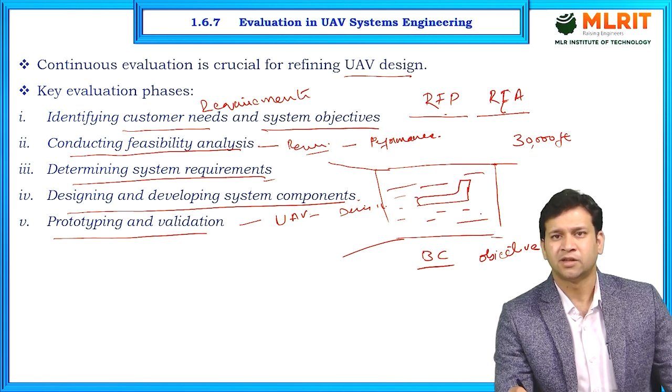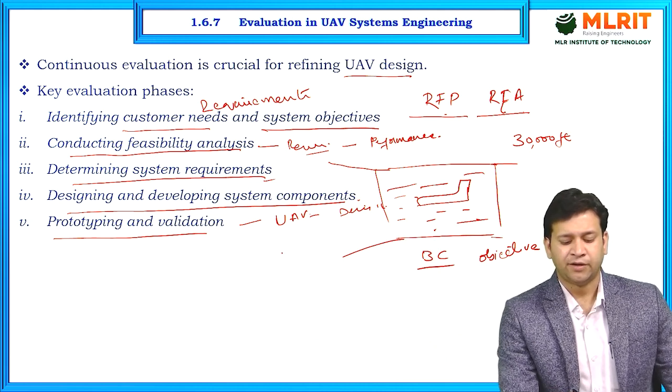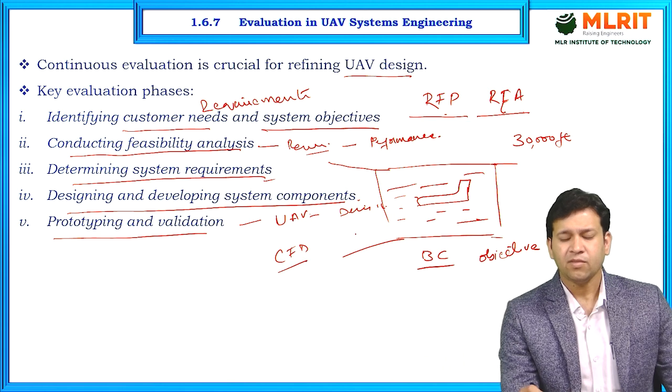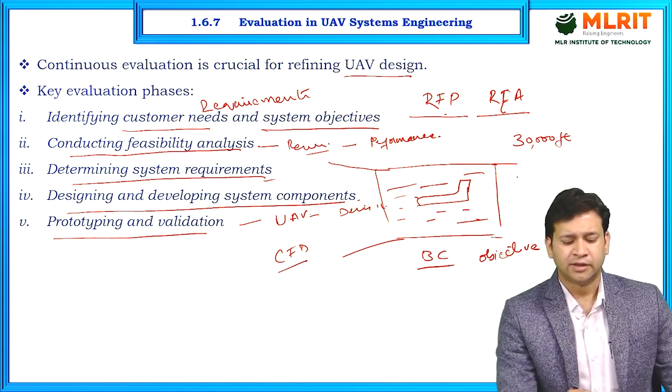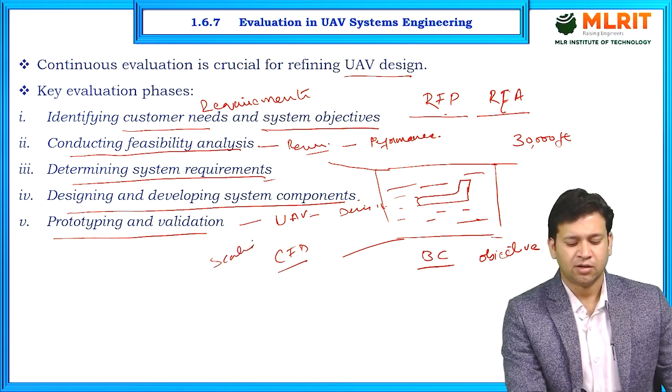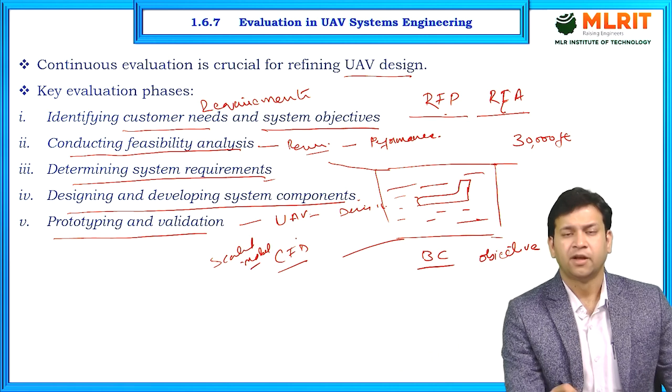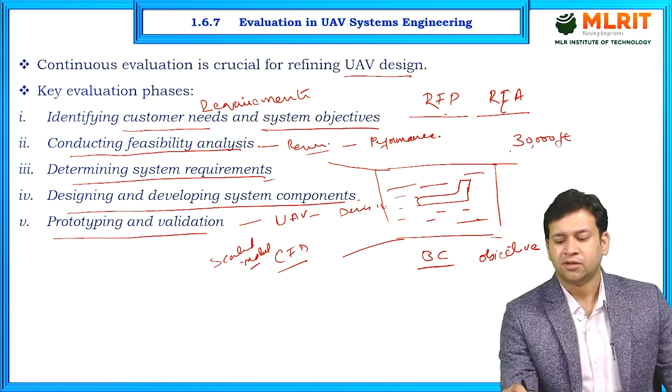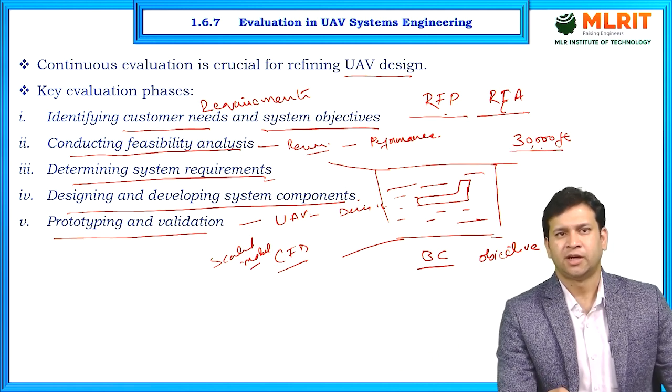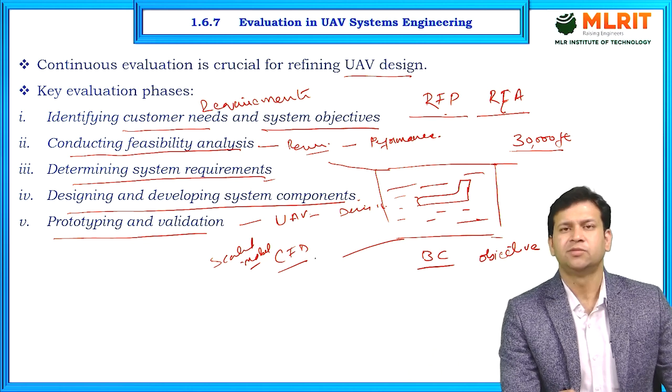Once these results are out, these results will be compared with the CFD results, and then this scaled down model can be tested for 30,000 feet altitude, the actual altitude, and the validation is done.